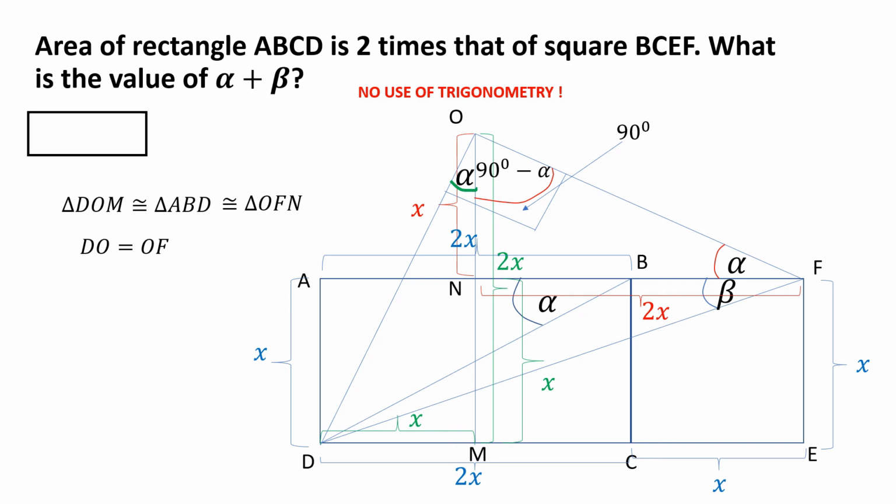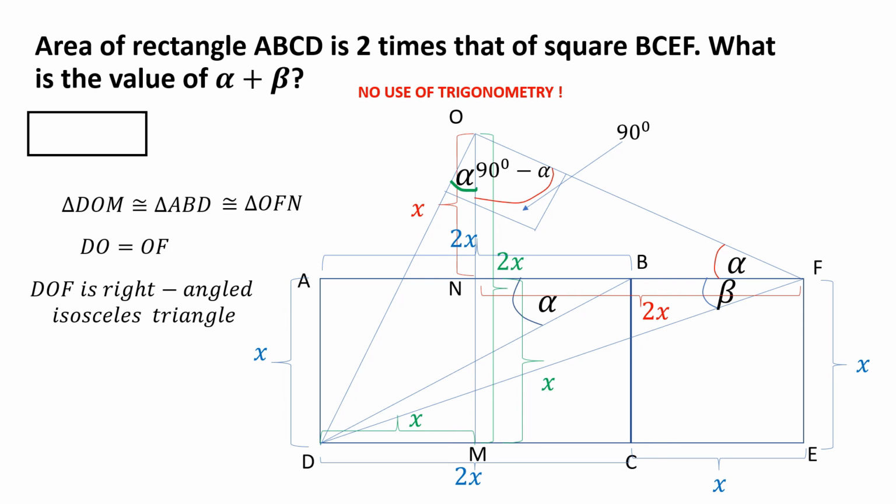But one of those angles of triangle DOF, namely angle DOF, is 90 degrees. So triangle DOF is not just an isosceles triangle. It's a special kind of isosceles triangle, which is a right-angled isosceles triangle.